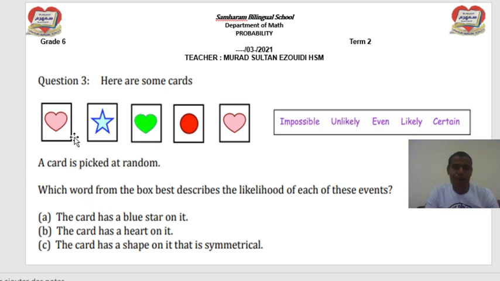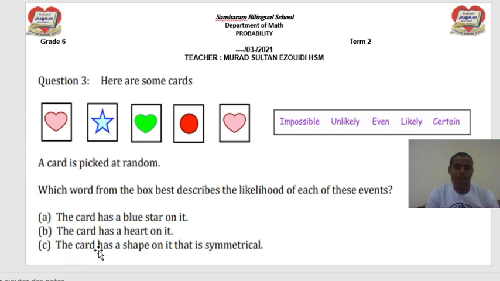How many hearts do we have? 1, 2, 3. Among how many cards? Among 1, 2, 3, 4, 5. So 3/5 is more than half. So here it will be likely. The word that best describes this event is likely.